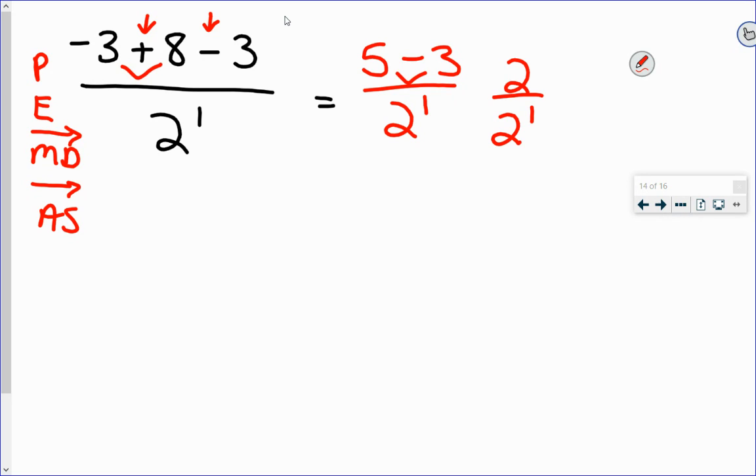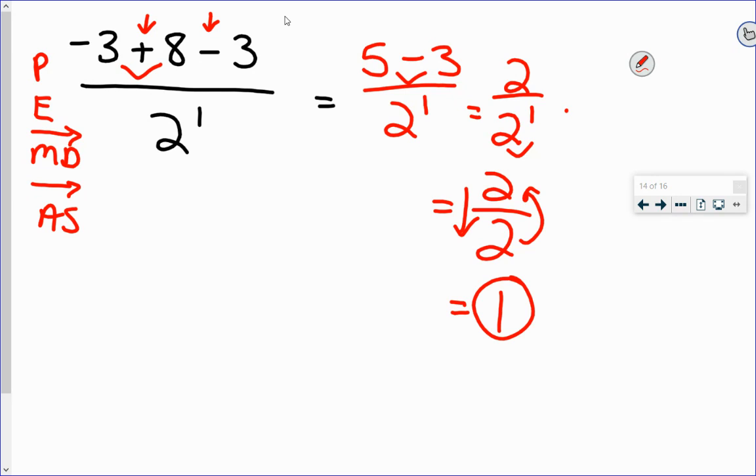Then we do the bottom, because everything on top is finished. 2 to the first power is equal to 2. And then 2 divided by 2, or how many 2s are in 2, is 1. So the answer to this problem is 1.